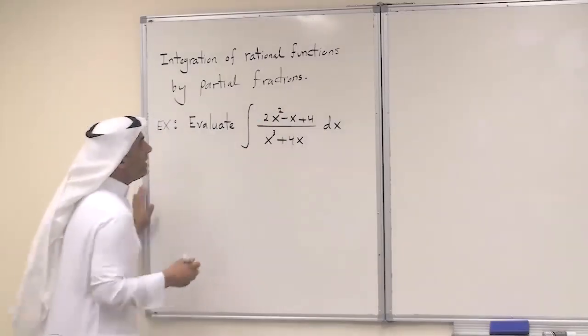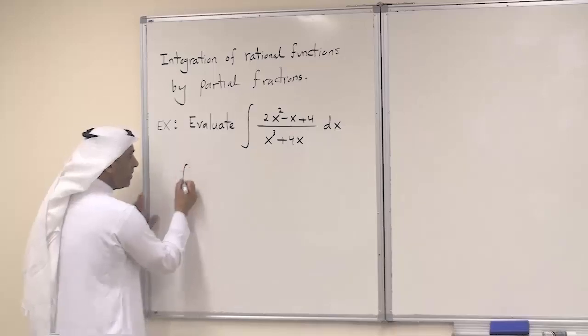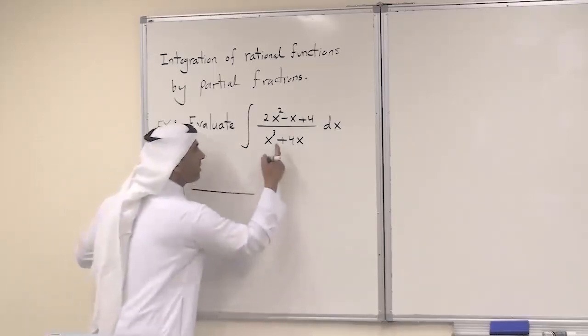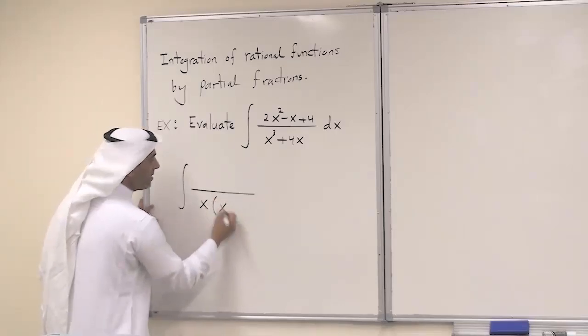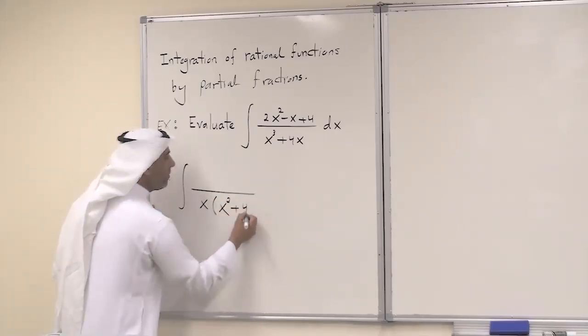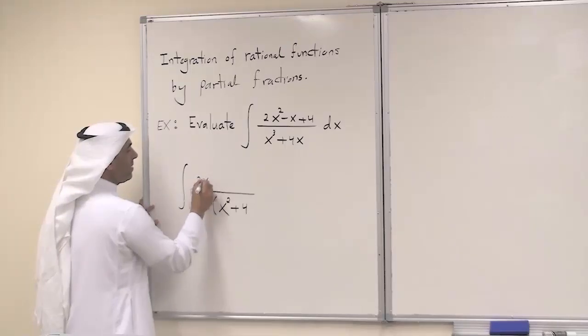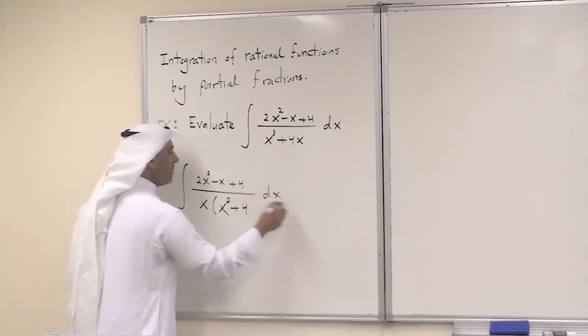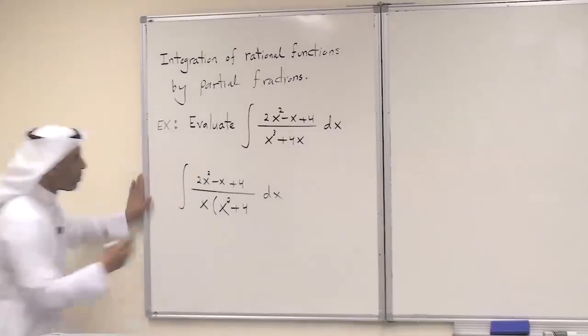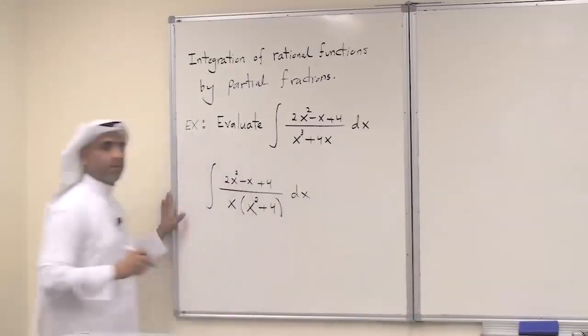So we can start the partial fraction decomposition after factoring the denominator. I will take x as a common factor, so I have x times (x squared plus 4), and here I have 2x squared minus x plus 4 dx. Fine, interesting. I need to close it from here, of course.